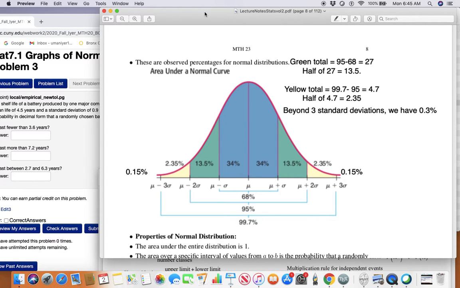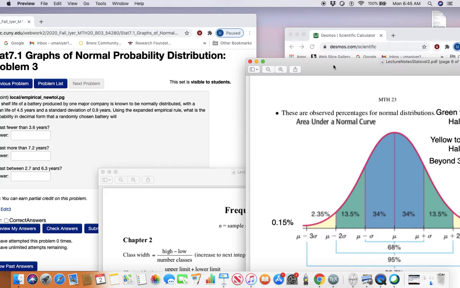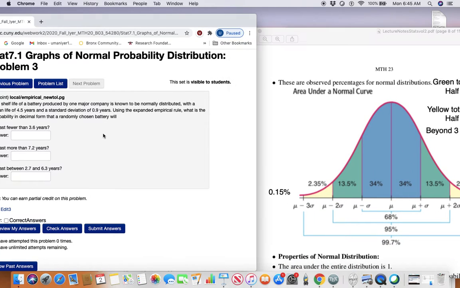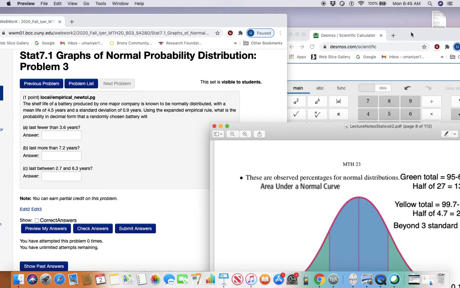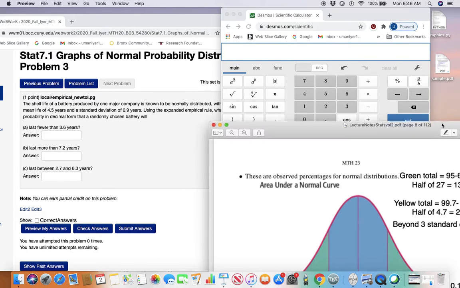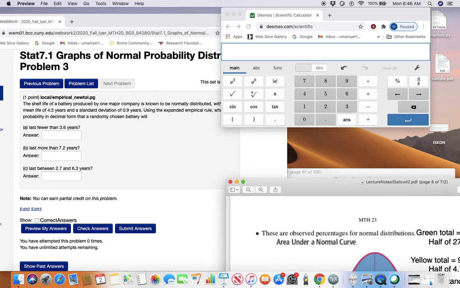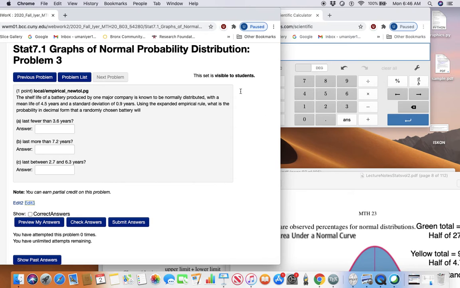So this is your expanded empirical form. Now you're going to use that to look at fewer than 3.6. You need to know how far 3.6 is from your mean. How many standard deviations is it away from your mean? Okay, so I need my workspace here.